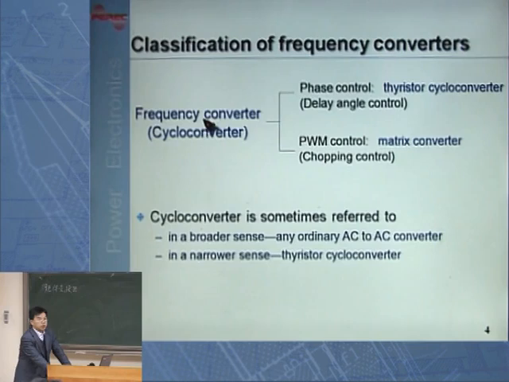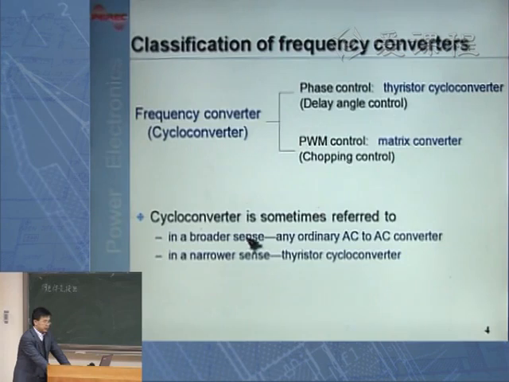That means as a different name for AC to AC converters that is providing variable output frequency. But actually, sometimes this name, cyclic converter, is also used to refer to broader sense power converters.